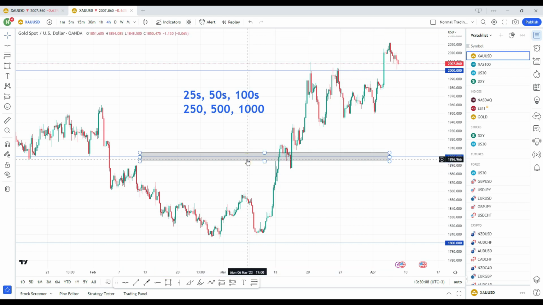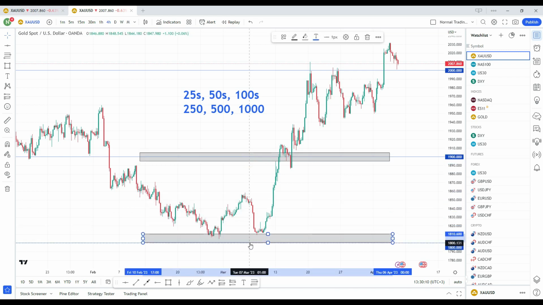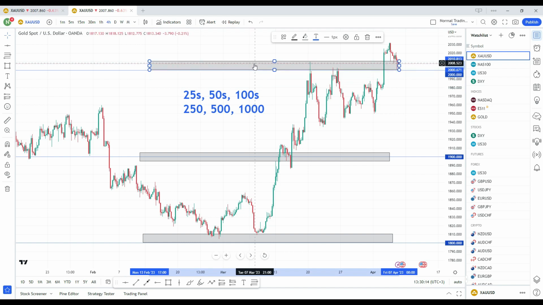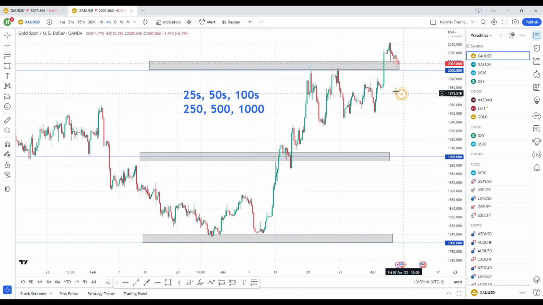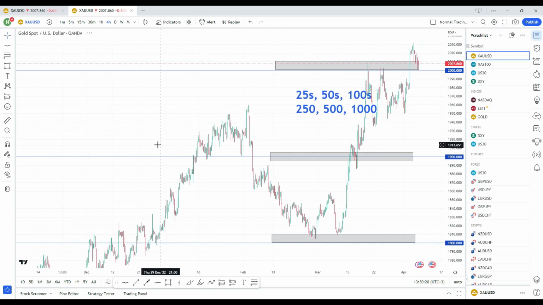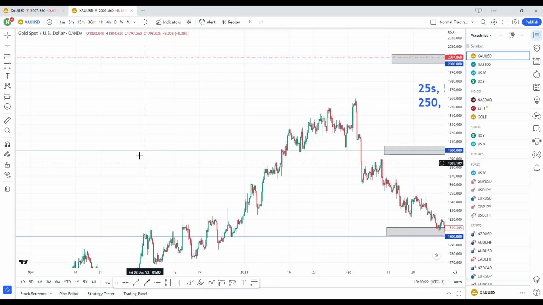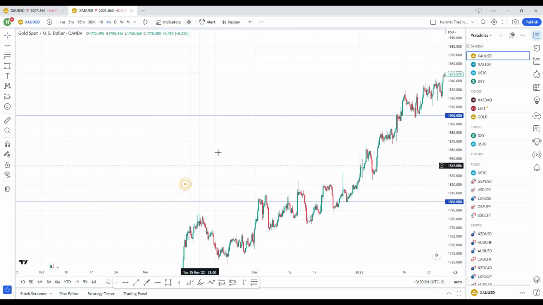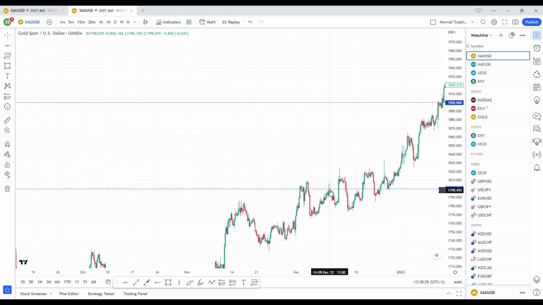So these are zones that have proved to be authoritative in terms of market movement. If you go back to history, you'll realize these are zones that are very strong. It became resistance here, it became support here.